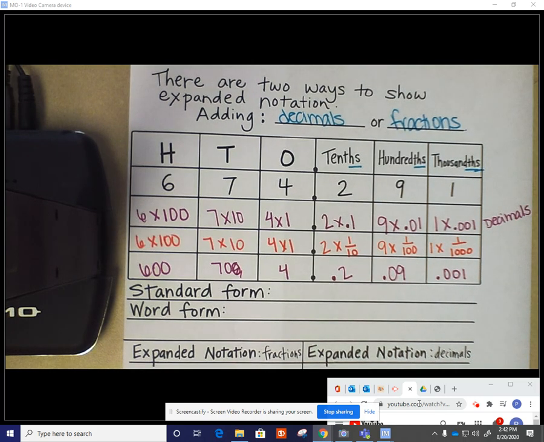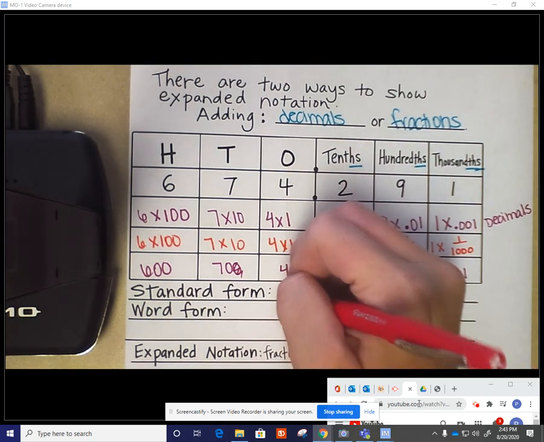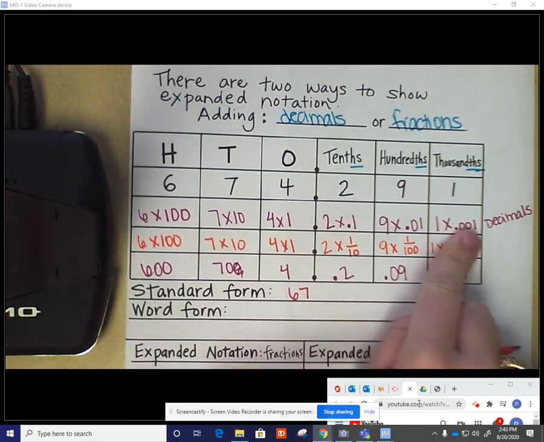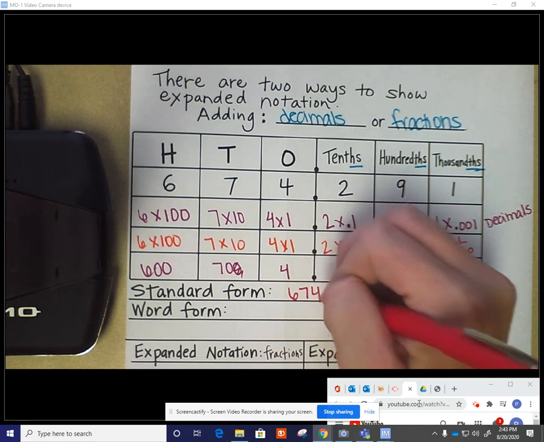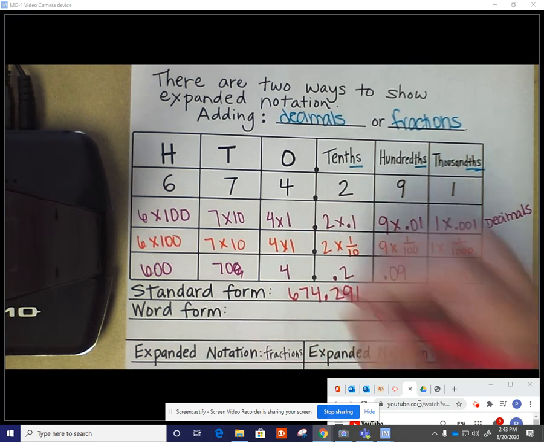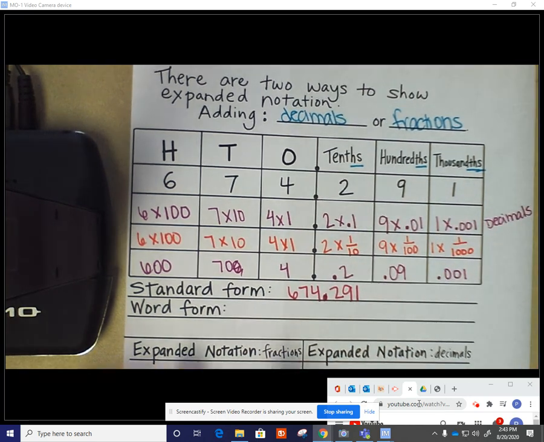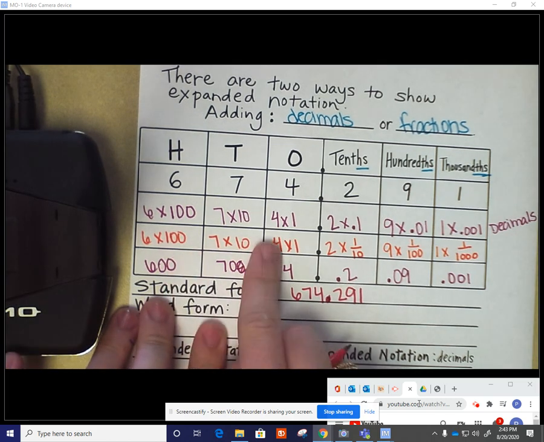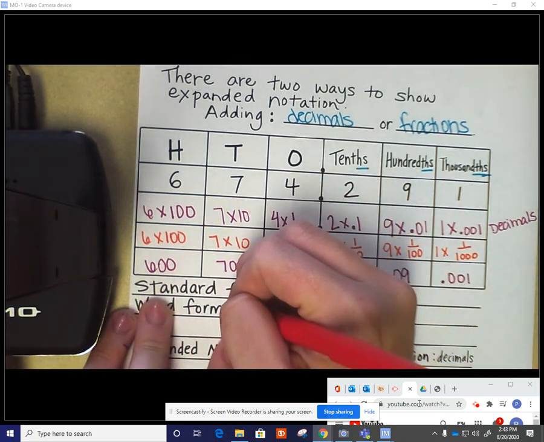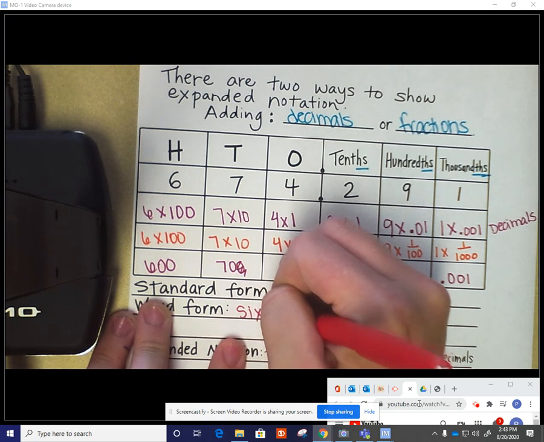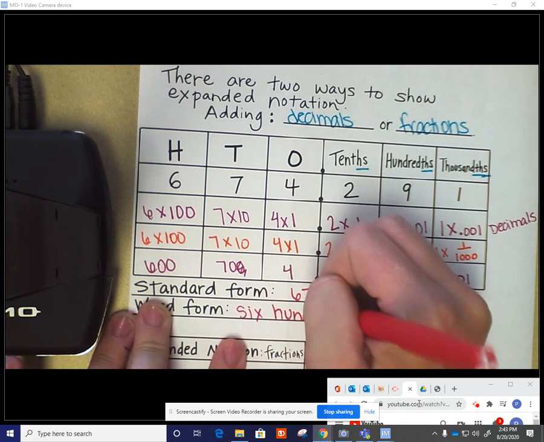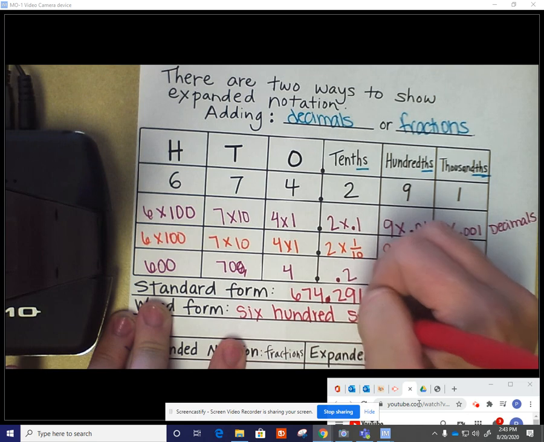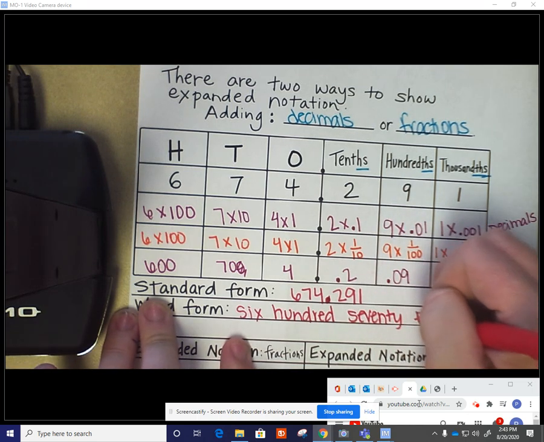Okay. There's 2 ways to write this number, like we talked about before. We can go ahead and write it in standard form. I'm taking the numbers and writing in standard form. That's a decimal. And then in word form, we have 674. Okay.